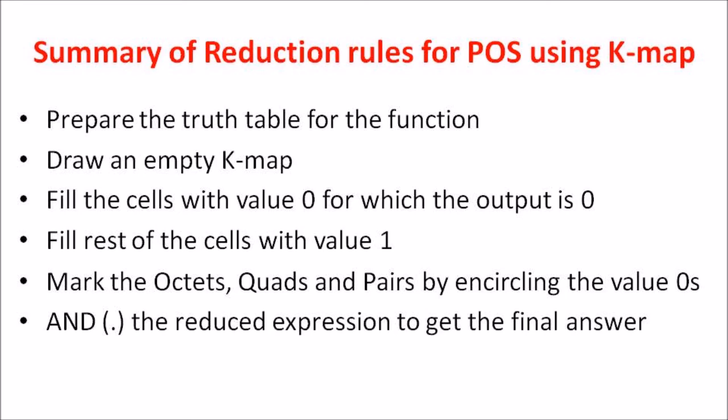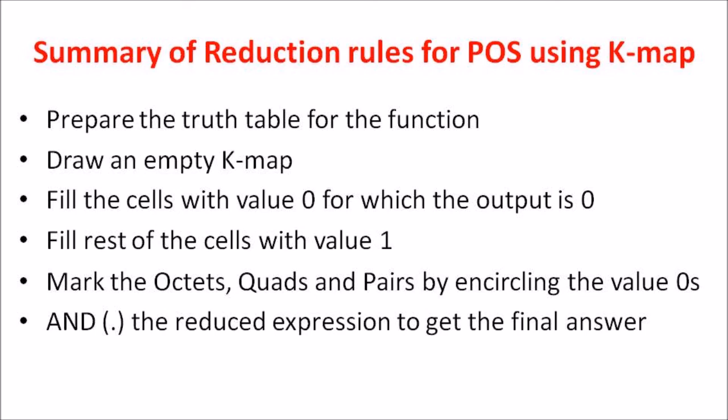So my dear students, if we are summarizing the reduction rules for POS using K-map, the first point to be remembered is prepare the truth table for the function. Secondly, draw an empty K-map with 3 variable, 2 variable, 4 variable or a given set of variables. Third point is fill the cells with the value 0 for which the output or function is 0.